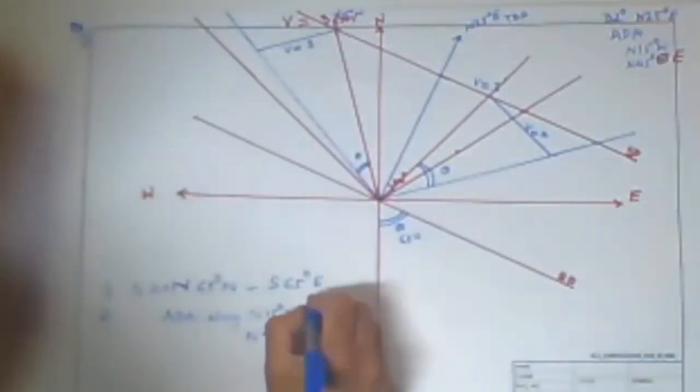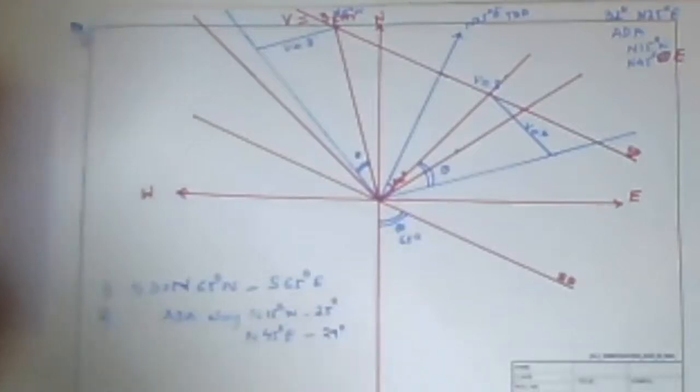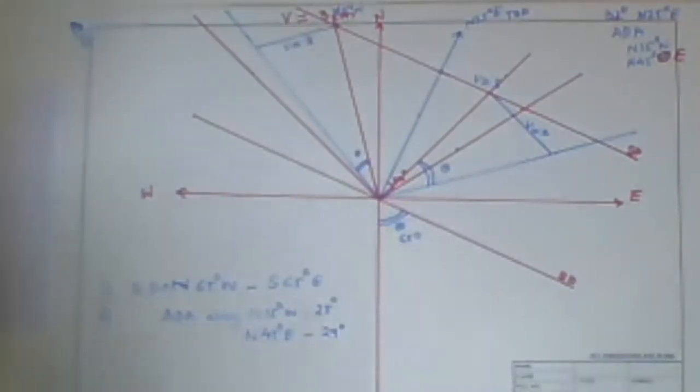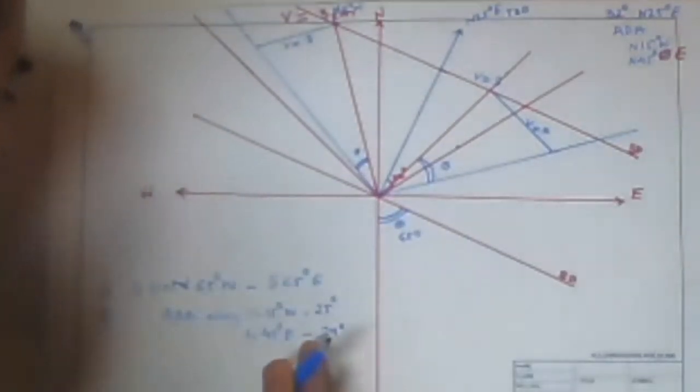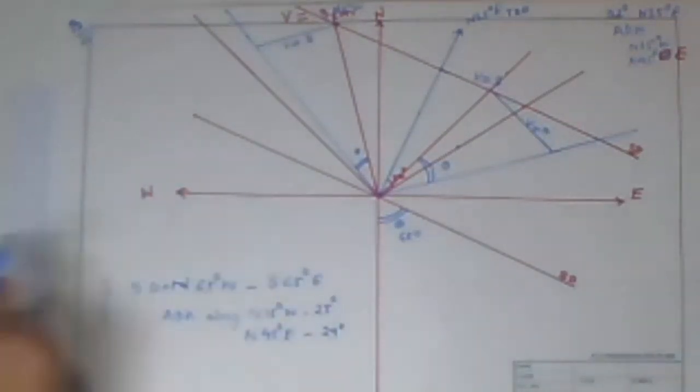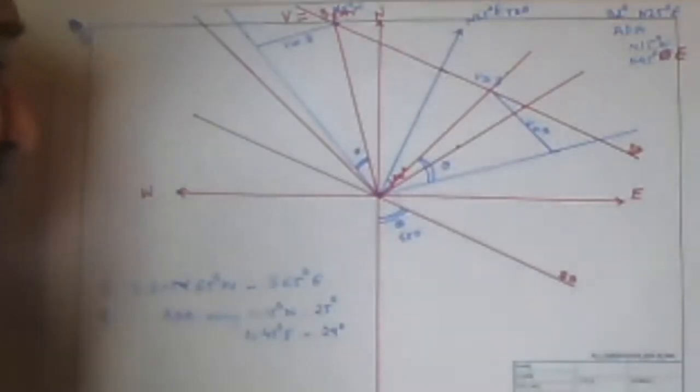So here we got a 25 degree. Now this is a 25 along what we have: 25 degrees and 29 degrees. So this is the way you have to solve this problem.